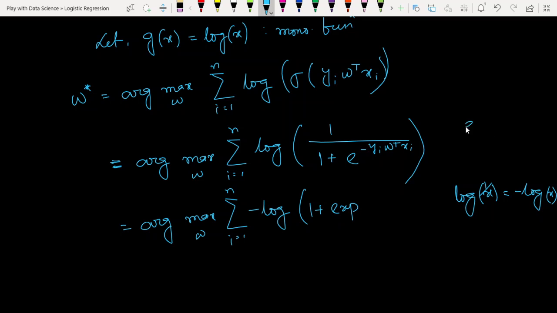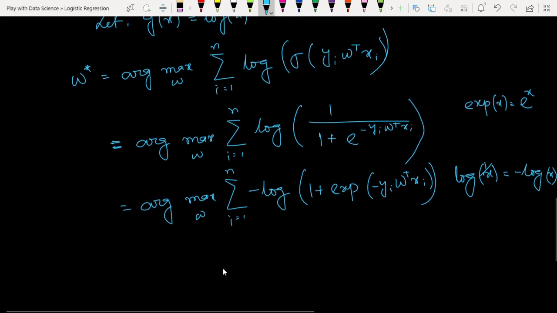Just exp of x, don't be confused about it. Exp of x is similar to e to the power x, so e to the power minus y i w transpose x i.